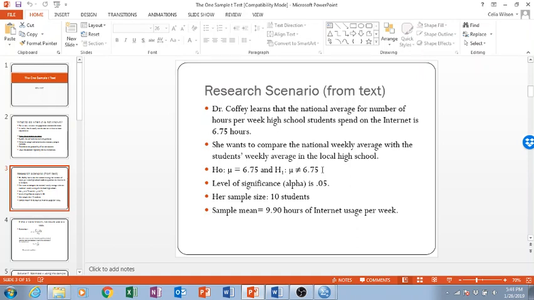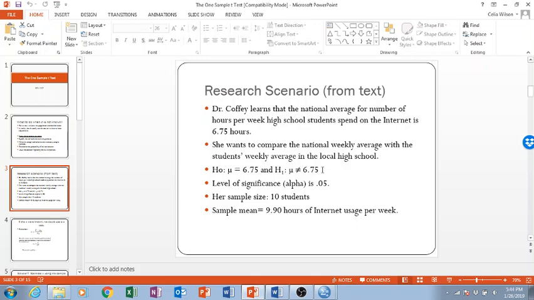So we would say, if you remember, that is a non-directional alternative hypothesis. She's not specifying a direction. She's just saying there will be differences. And we know with a non-directional hypothesis, we are going to use a two-tailed test.